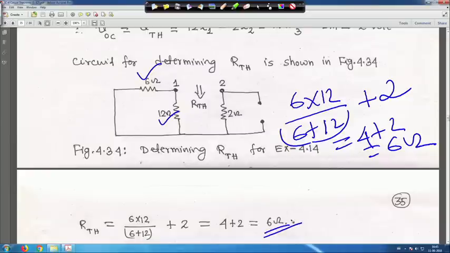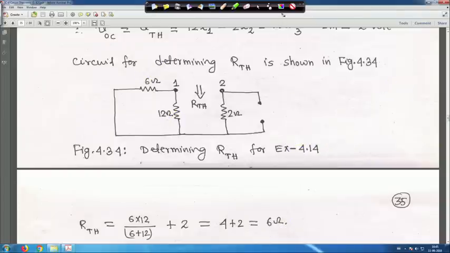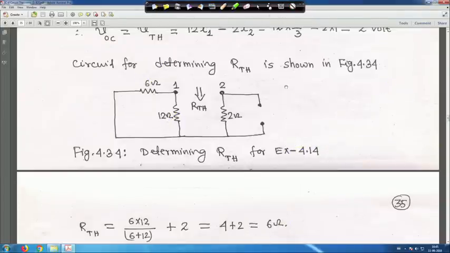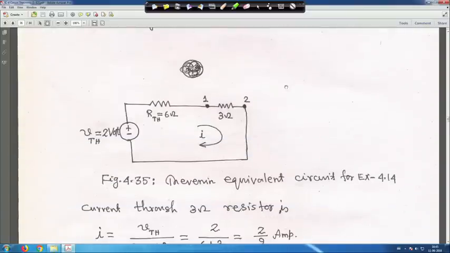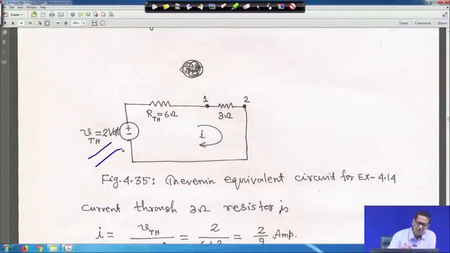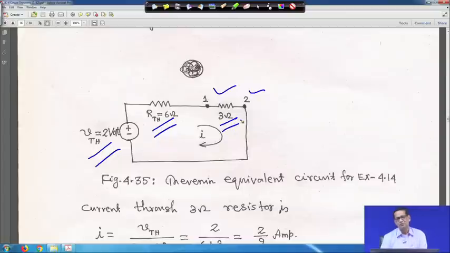Therefore, we got V Thevenin as 2 volt and R Thevenin as 6 ohm, right. With that, the 3 ohm is connected between 1 and 2 and the circuit is closed.